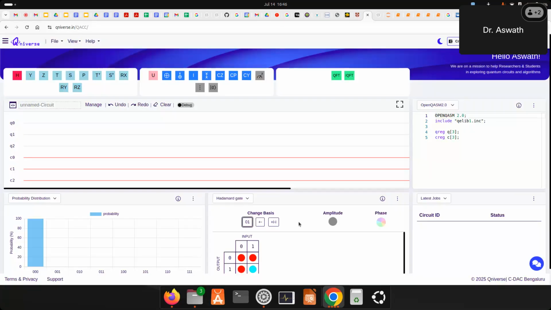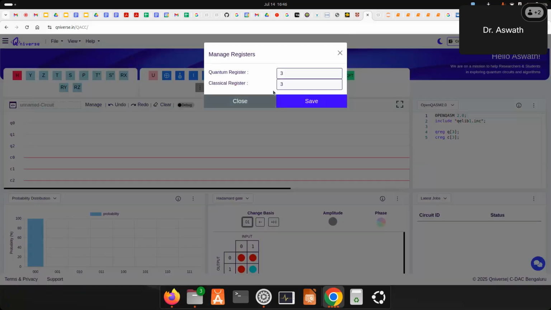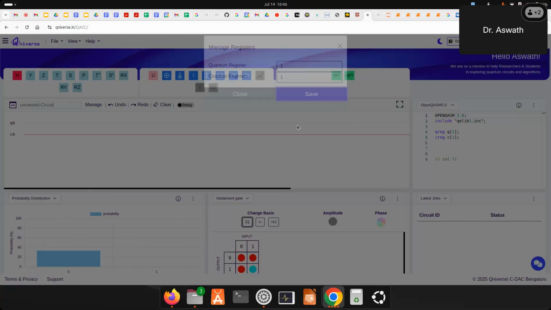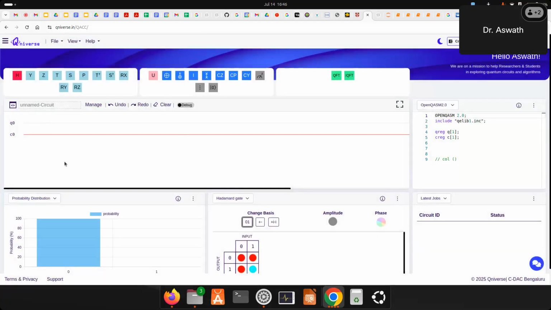Here you can just clear. There are three registers here that you want to manage, but here things are slightly different. I want to have only one register, and you want only one classical register. You can do that. See here, one classical register.